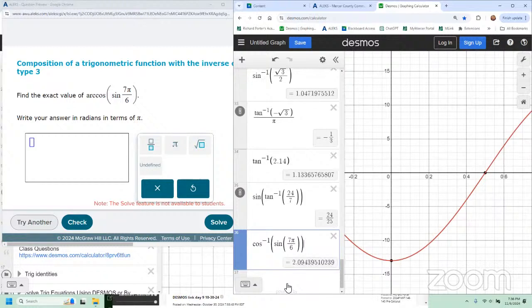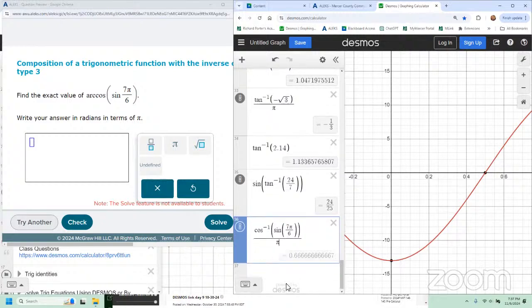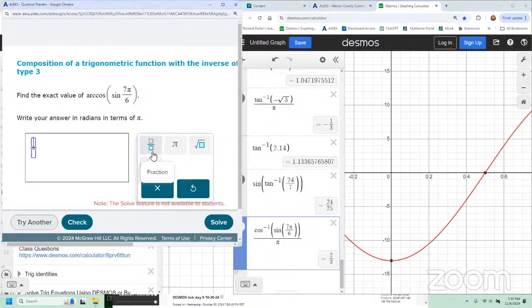Okay. Now, Genesis, look at what it says after. It says, write your answer in radians in terms of pi. What do I do? Divide by pi. Divide by pi. And then do what? So the answer is 2/3 what?